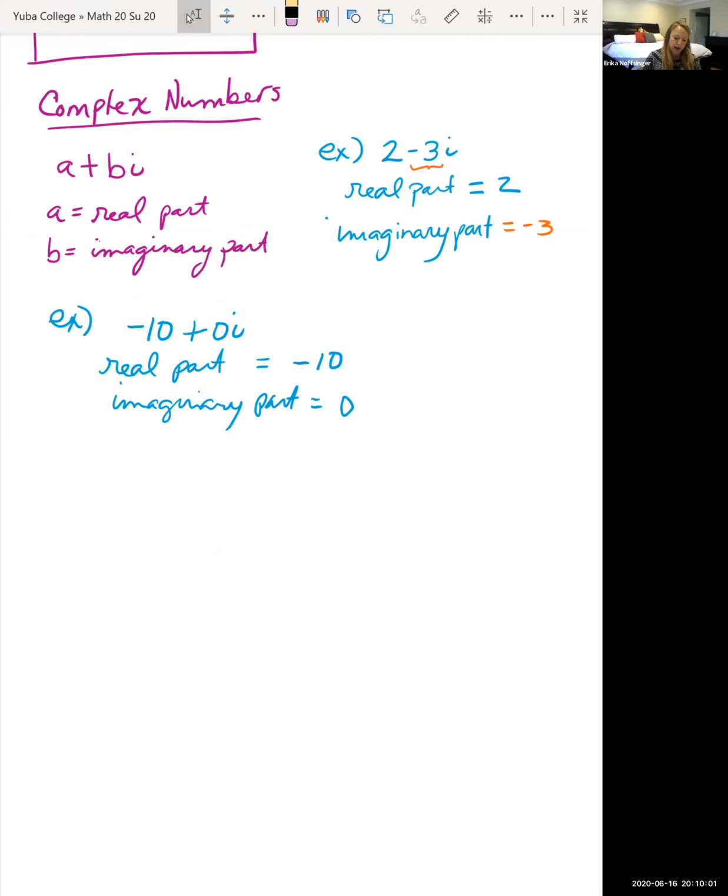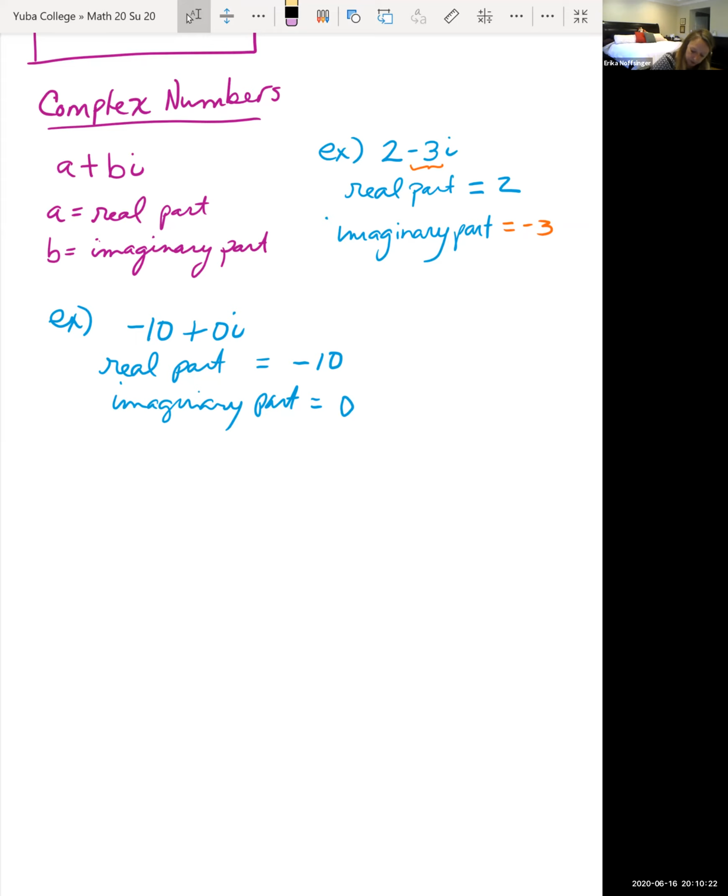Okay, so operations of complex numbers is basically the same thing as adding real numbers. You add the real parts together and you add the imaginary parts together. When you're summing the imaginary parts, it's just like you're adding like terms.